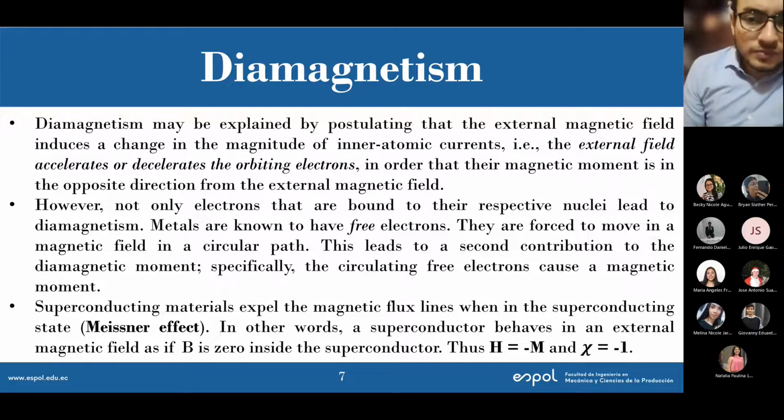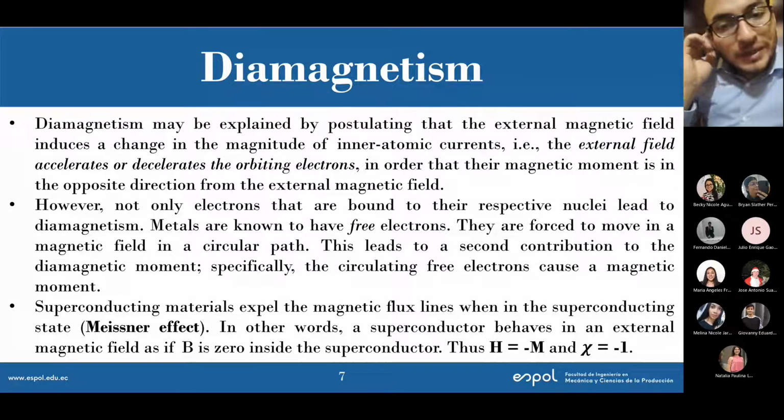Well, let's again imagine that you have an external magnetic field, and that external magnetic field will induce a change in the magnitude of all the inner atomic currents that you have. So basically, that magnetic field will accelerate or decelerate those orbiting electrons that the material has.